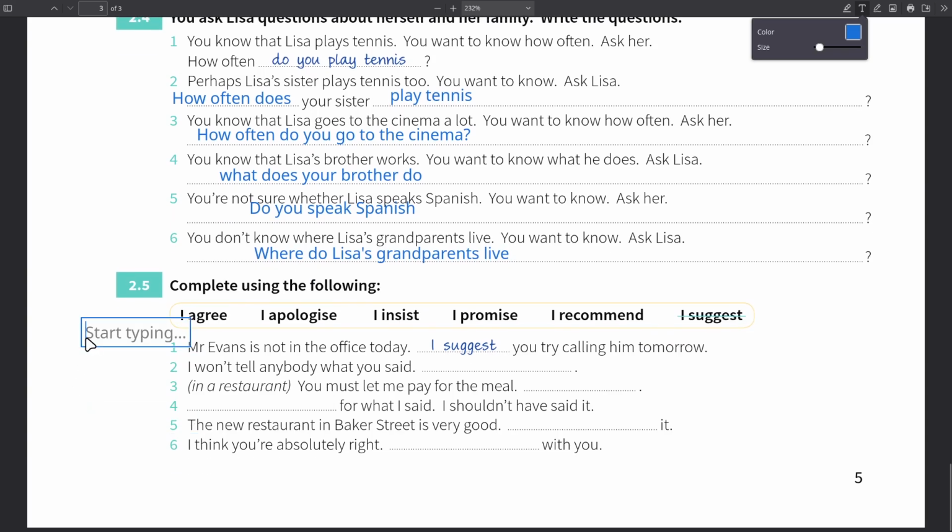Okay, let's move on to the last section, that is 2.5. Complete using the following verbs. The following phrases: I agree, I apologize, I apologize if I'm making a mistake. I insist that you have to check by yourself as well, just in case.